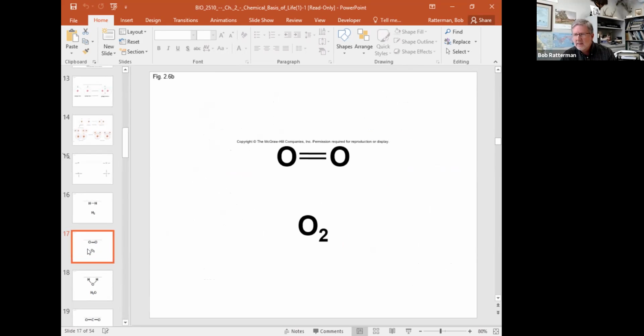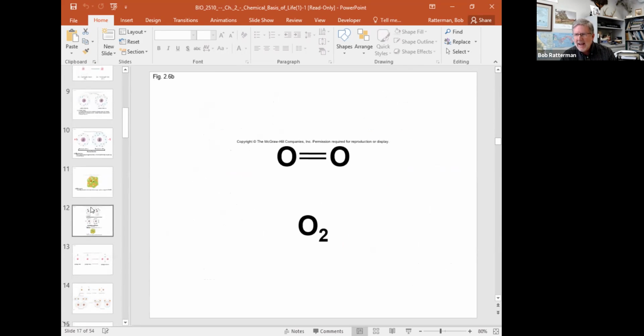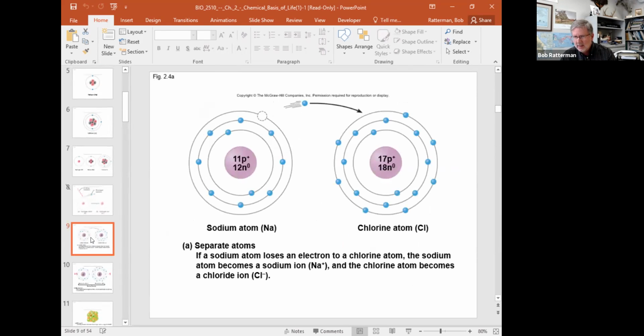Okay, let's talk about the difference between the three. With regard to ionic bonds, we described this last week, I think. Do you remember this? We said that in the case of an ionic bond forming, you've got to have the transfer of valence electrons from one element or atom to another.